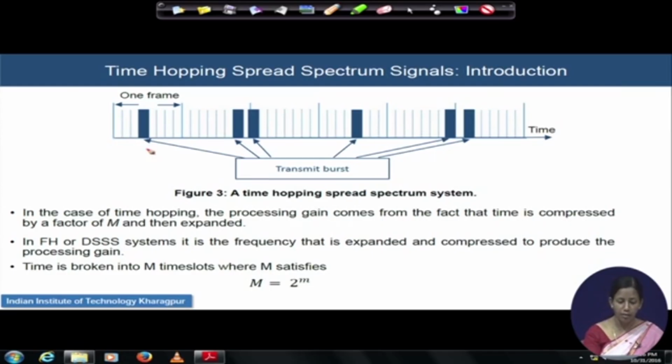So, this is the total time period available for your transmission. First, this is a super time frame, I should say. The super time frame has been first divided into smaller time frames, and each of these smaller time frames is subdivided into sub time frames. So, the bits that we have collected in the earlier time frame, we will transmit in one of those sub time frames within a frame.